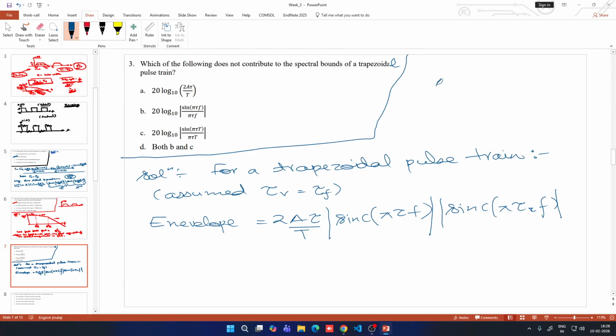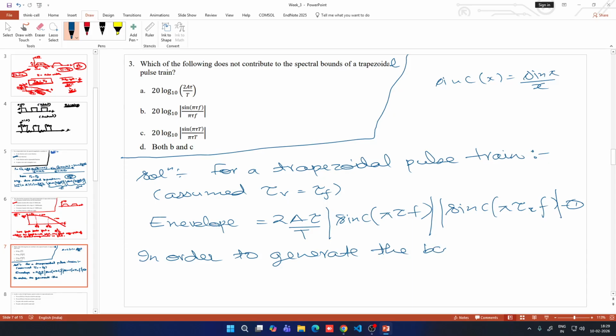So sinc, we know sinc x is sin x by x. Let it be our equation 1. Now in order to generate bounds for this spectrum, we need to take the log of equation 1.